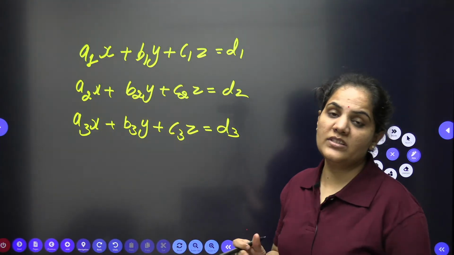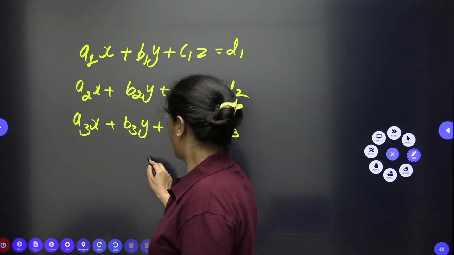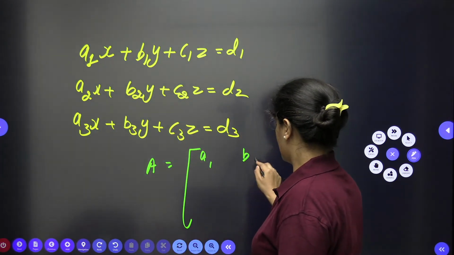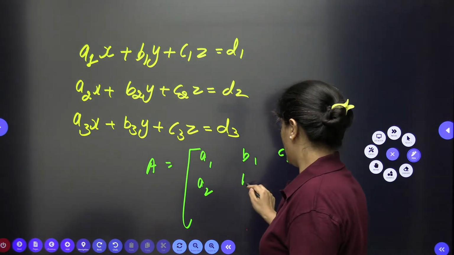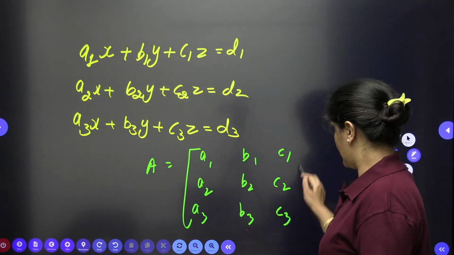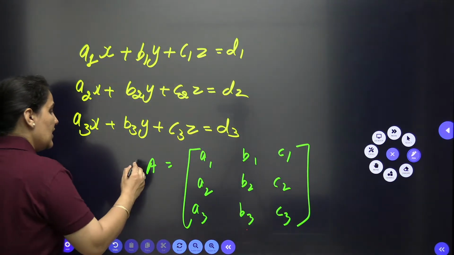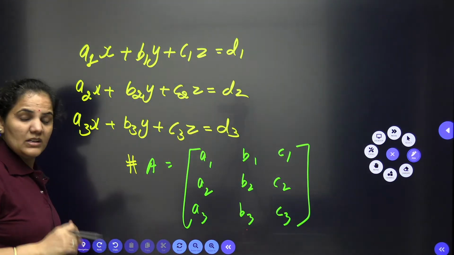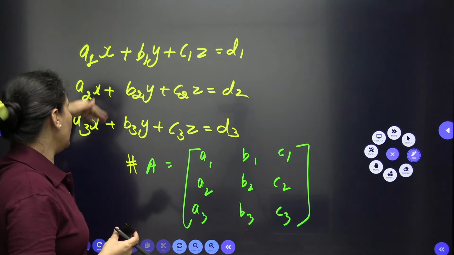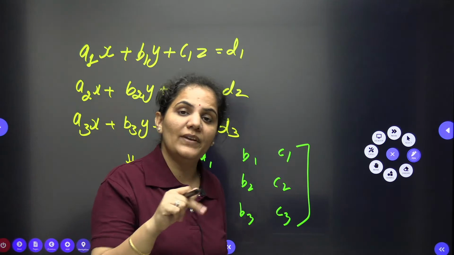If I write this system of equations in the form of matrices, we will consider a1, b1, c1, a2, b2, c2, a3, b3, c3 in a matrix A, which is called the coefficient matrix, because these are respectively the coefficients of x, y and z.